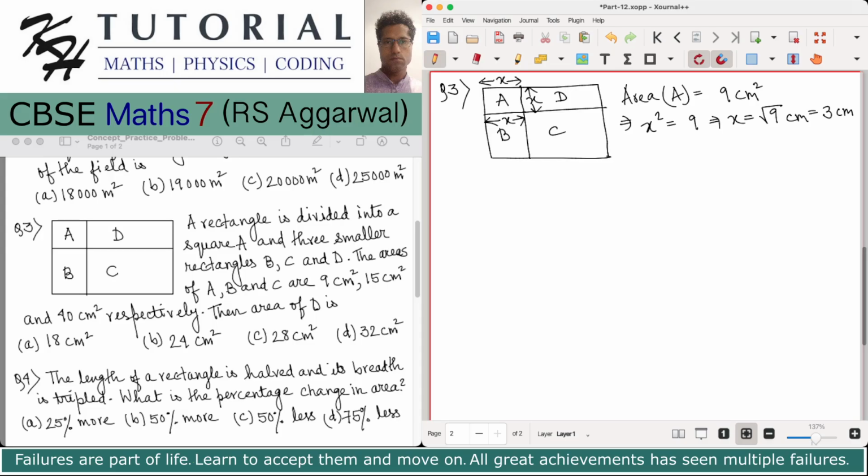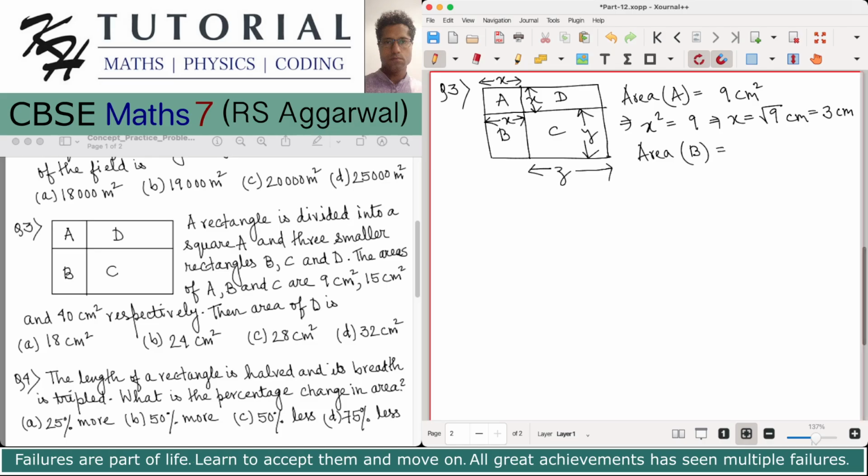Let's say this length be y, and let's say this length be z. So what will be the area of B?